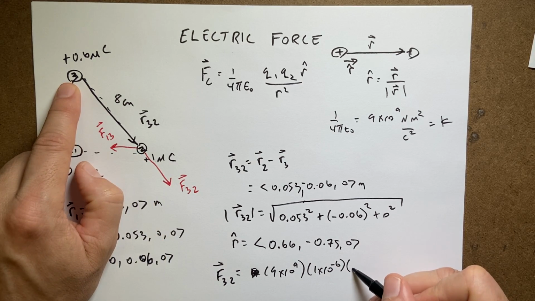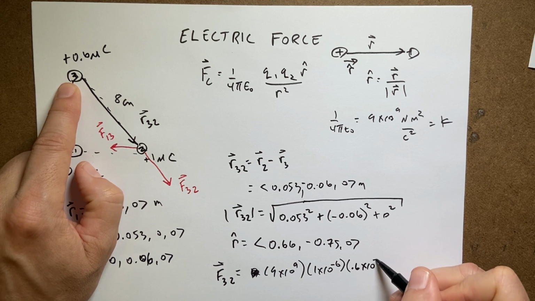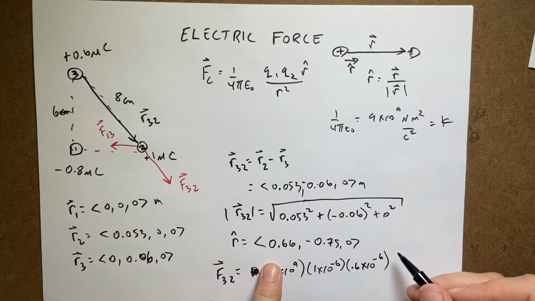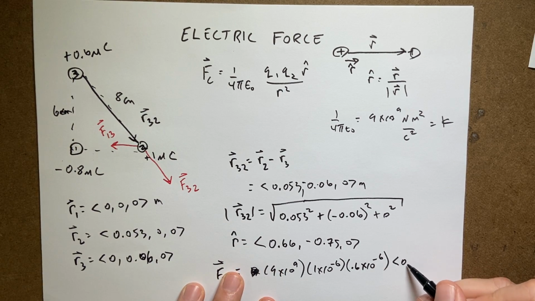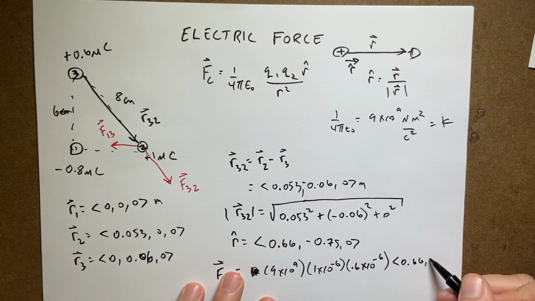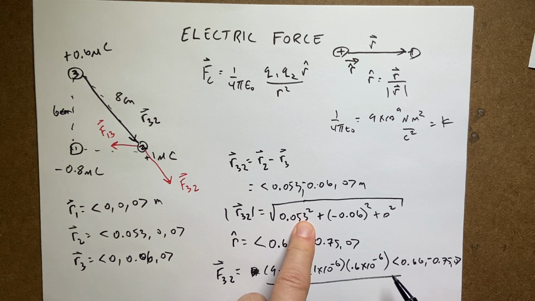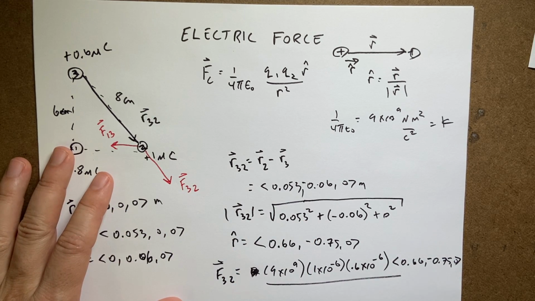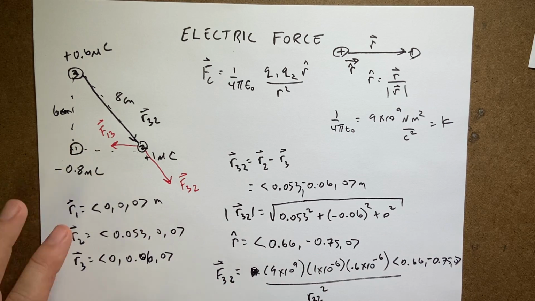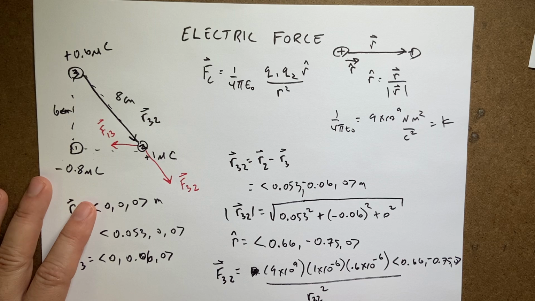This one is 0.6 times 10 to the negative 6. And then r hat is this vector. And then I have to divide by the magnitude of this squared, which I forgot to write down. So I'm just going to write R32 squared. You can put that in your calculator. And when I'm done with that, I get the following.